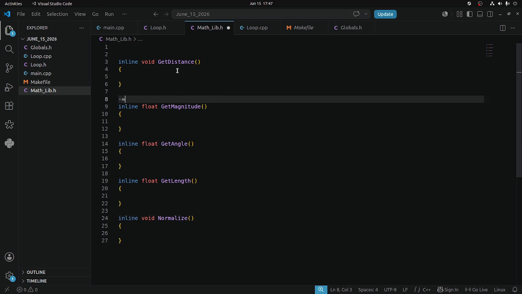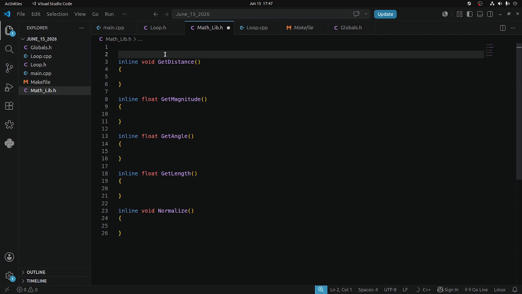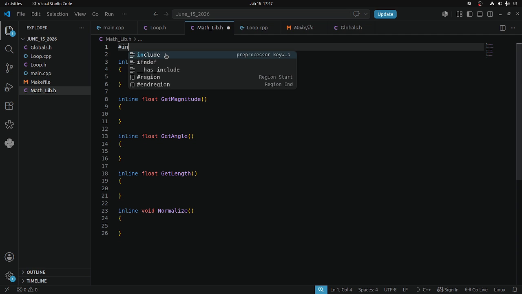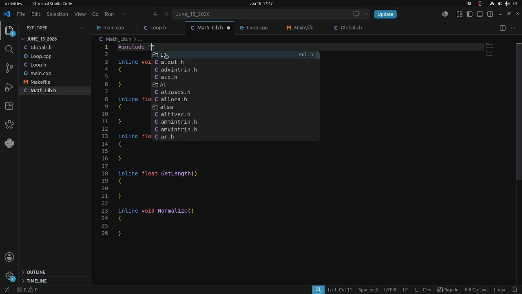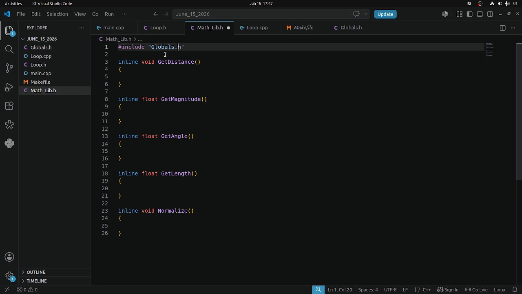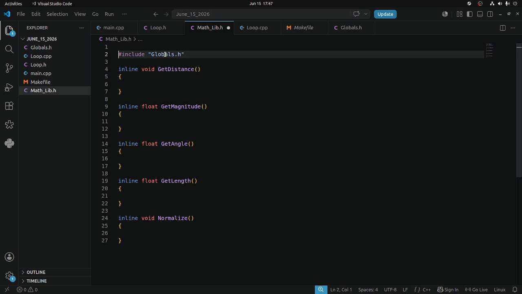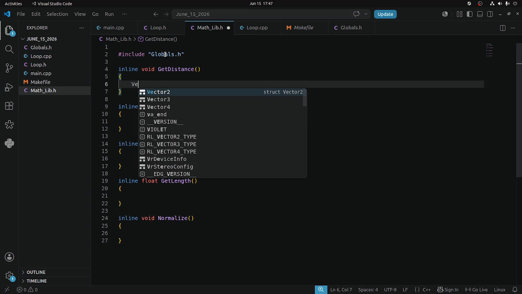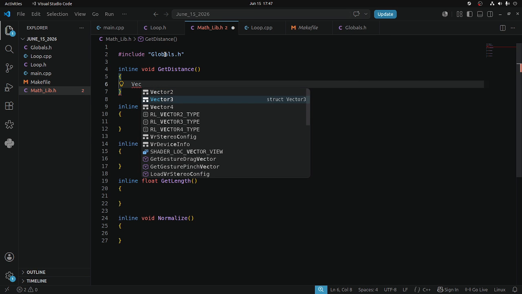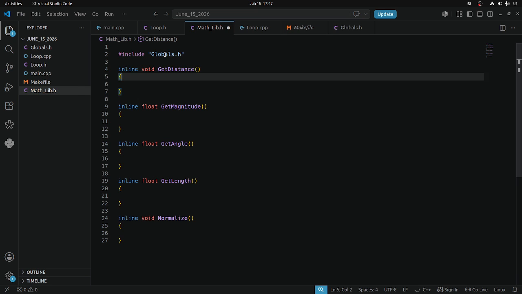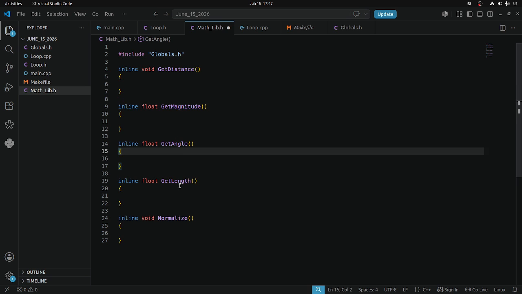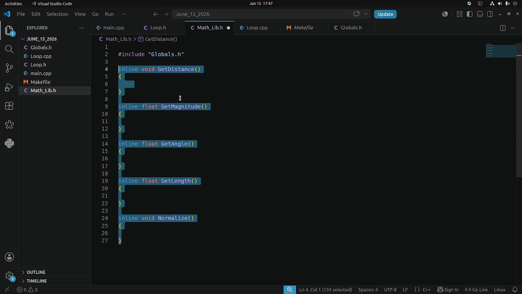Now, Raylib here, they actually provide, so if we #include our globals here, they actually provide a vector. So notice we have Vector2, Vector3, Vector4. We want to use that stuff, but I'm not super familiar with Raylib, and I don't necessarily want to destroy any of their definitions.